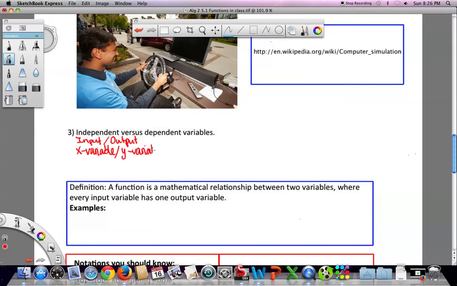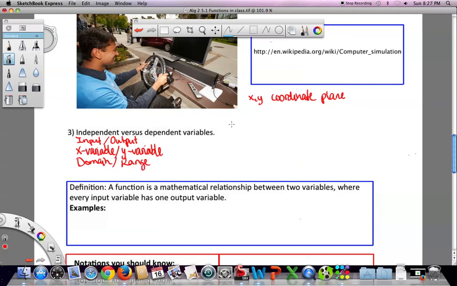Since we so often graph things on an xy coordinate plane, we're most familiar with that. And then we have two more terms that go with independent, dependent, input, output, x and y variable: we associate the domain with the x variable and the range with the y variable.